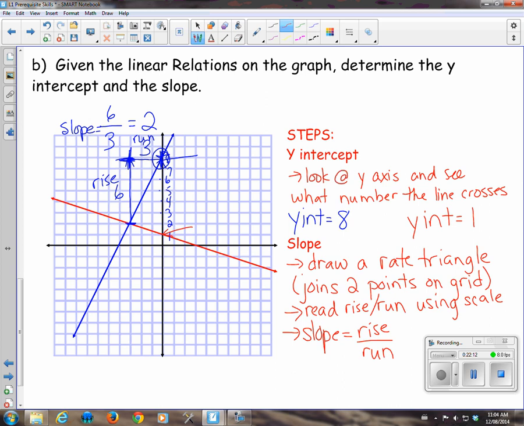For my red line, I want to draw my rate triangle. Well, this time I'm going down and across. There's my rise, there's my run. So when you go down, you know your slope is negative.